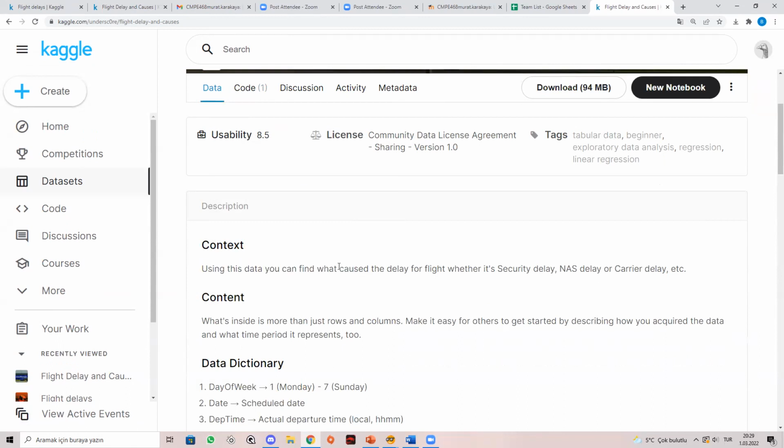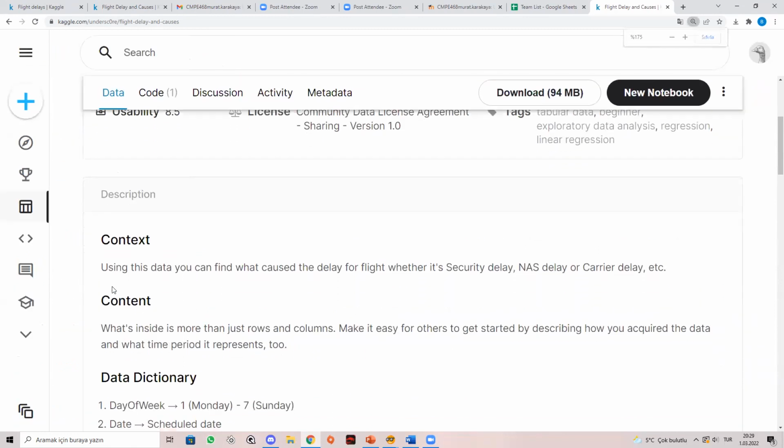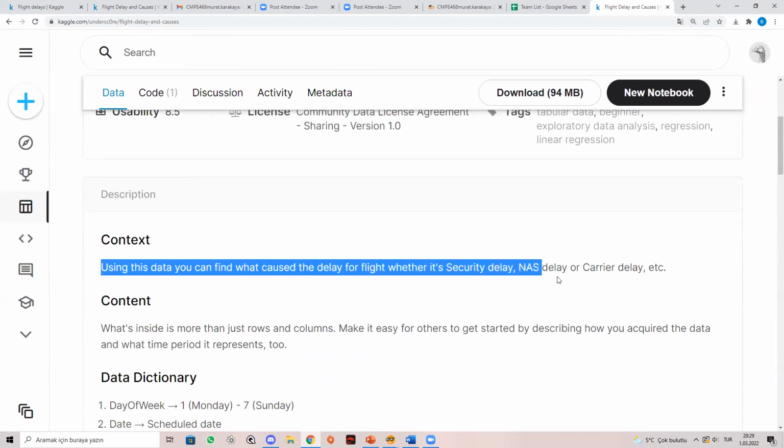Can we show that we canceled the data set because we found it on the competition site on Kaggle? No. In a competition also, people share a lot of things with the data set because you get points if you share something.